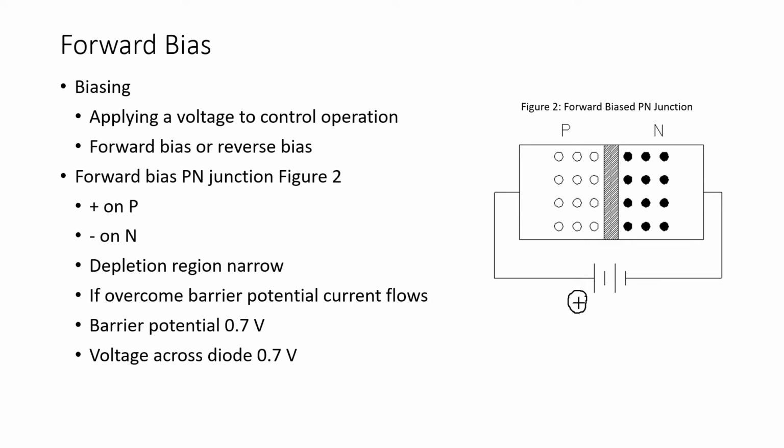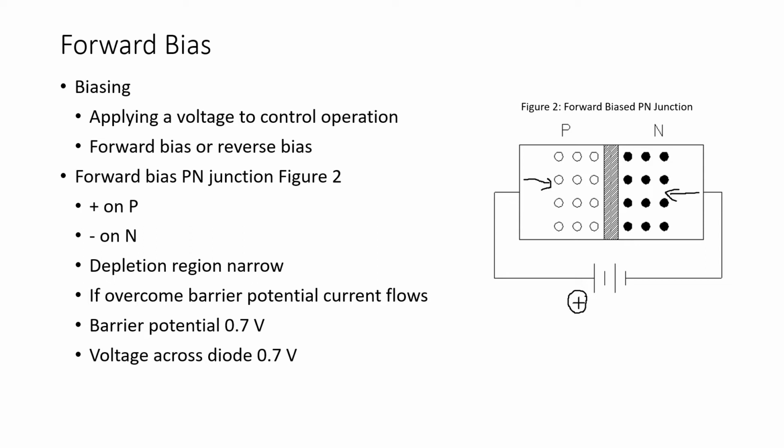And since like charges repel, having a positive potential on the P-type material pushes the holes towards the depletion region. And of course, with a negative potential on the N-type material, the free electrons are repelled from this negative potential, and it pushes the free electrons towards the depletion region.